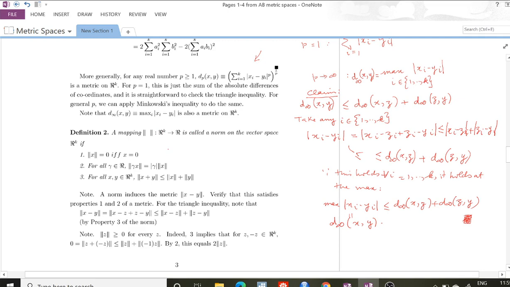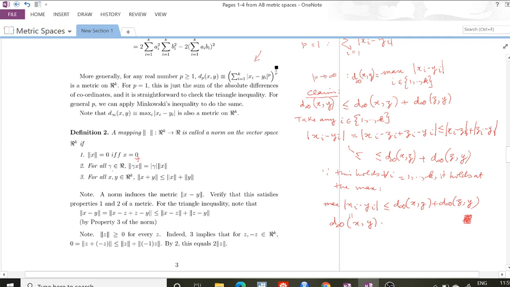And underlying the notion of a norm is that the norm of a vector is just its distance from the origin. Okay, so the distance from the origin is equal to 0 if and only if the vector itself is the origin, right? So this 0 here is the 0 vector.